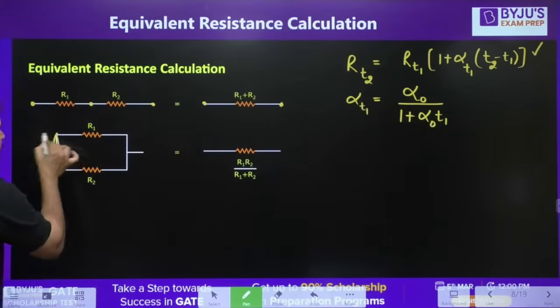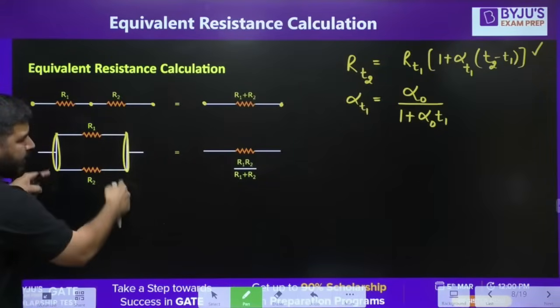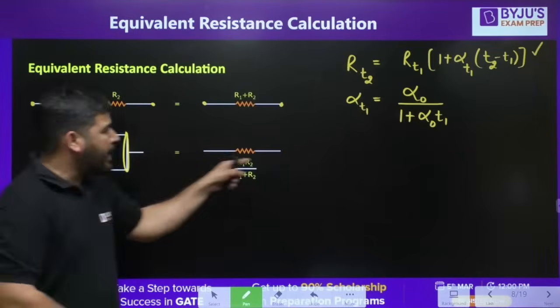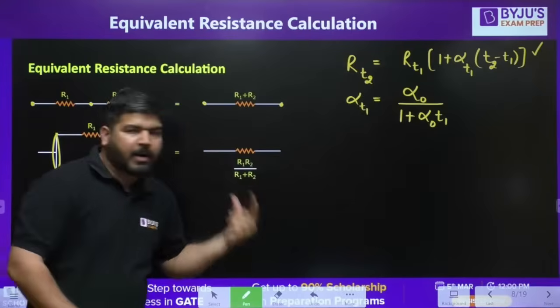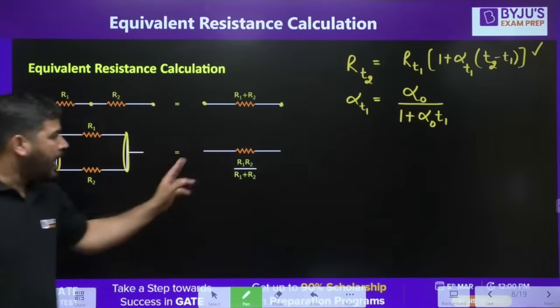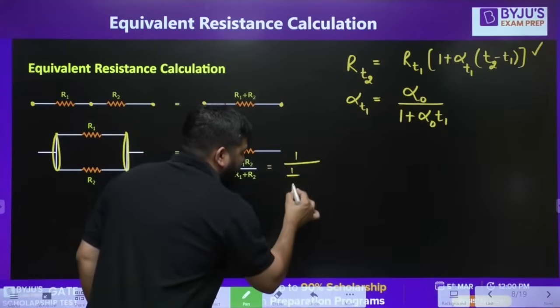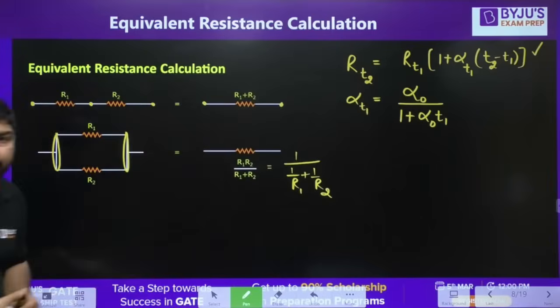Whenever they have the same starting point and the same end point, we call it parallel connection. And in parallel connection, the equivalent resistance is R1 R2 divided by R1 plus R2. Or simply you can write it like this: 1 over 1 by R1 plus 1 by R2. Okay, it's very simple.